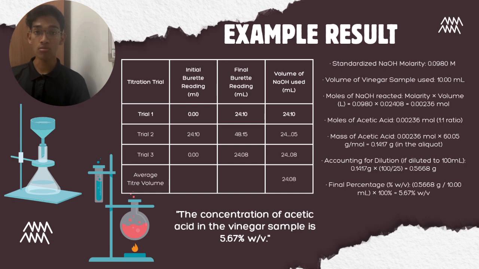Therefore, the final result shows that the concentration of acetic acid in this vinegar sample is 5.67% weight per volume. This value falls within the commercial standard range of 4 to 8%, proving that this vinegar sample is safe and meets food quality standard.